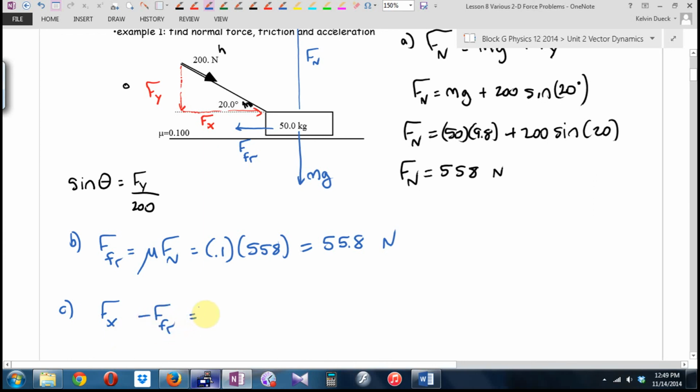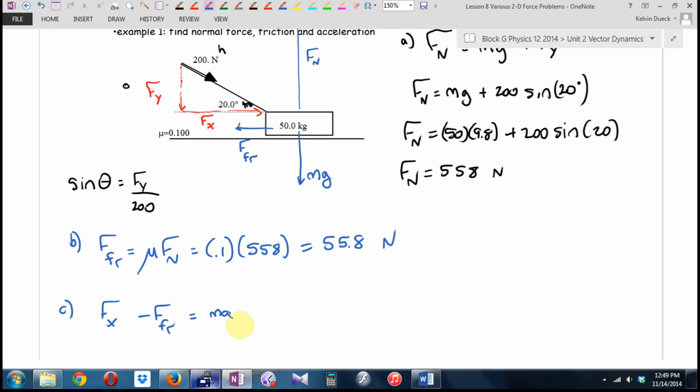How many masses? Just one? MA. Friction, I just calculated on the previous line. If I hadn't done that, I would walk through steps A and B and get friction. FX. Let's get tricky. It'd be really convenient if, since sine is y, sure would be nice if fx was of cosine.